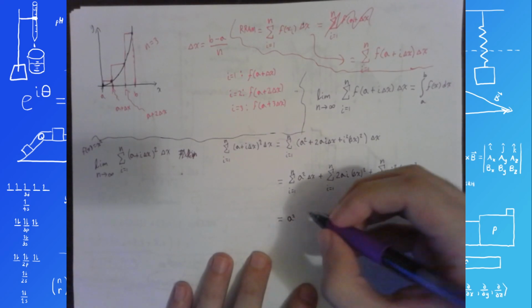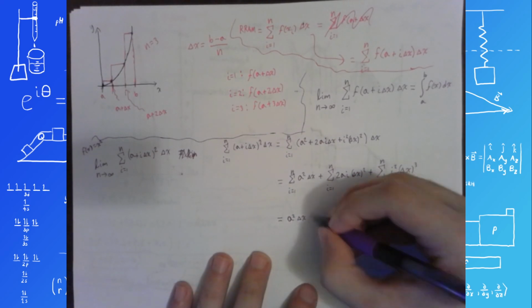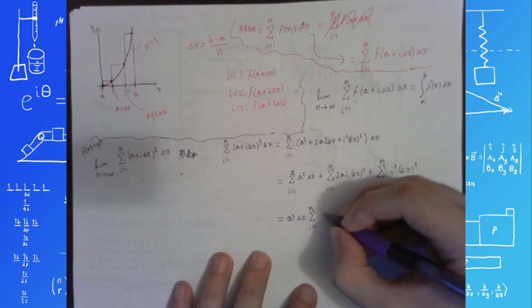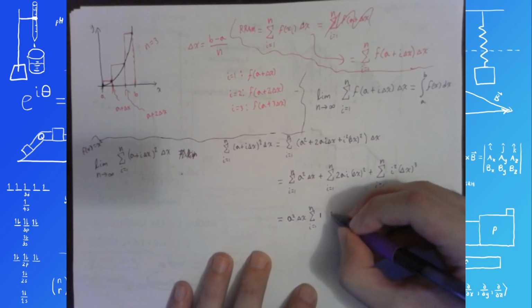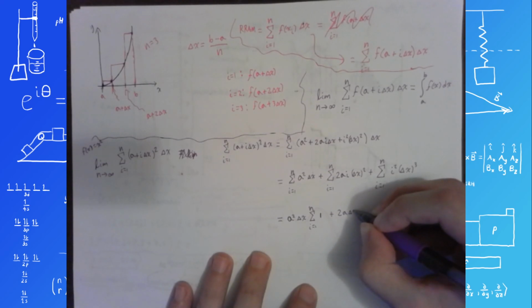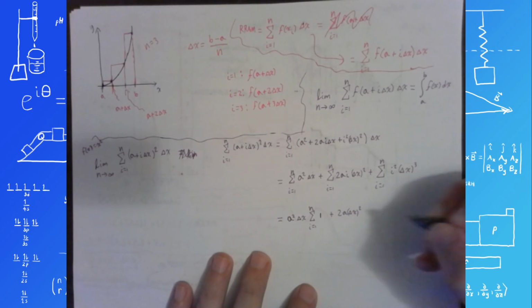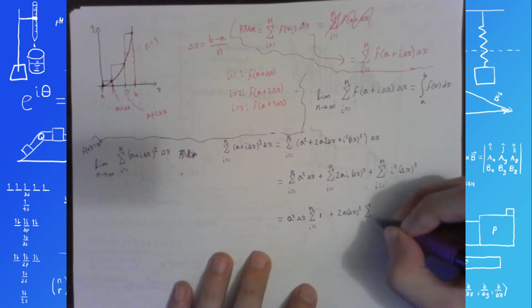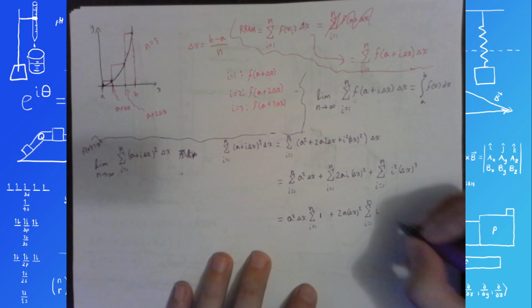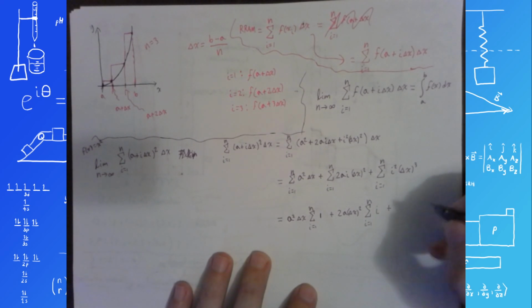So I can do a squared delta x times the sum from 1 to n of, I guess all that would be left here is 1, plus 2a delta x squared times the sum from 1 to n of i, plus, I forgot to factor out the delta x cubed.